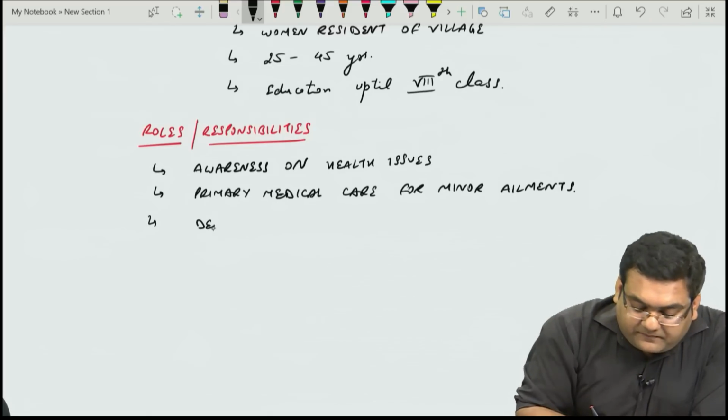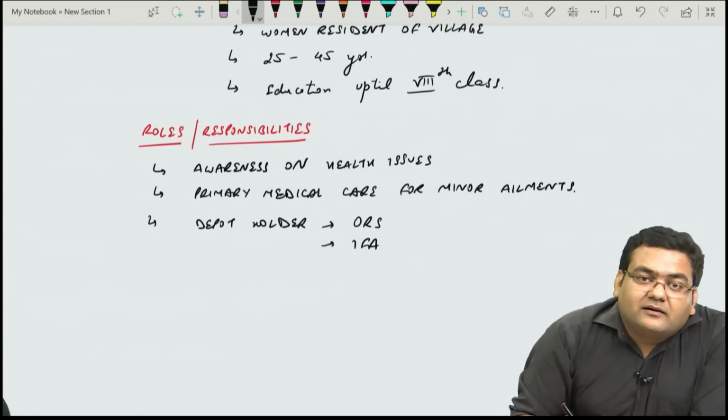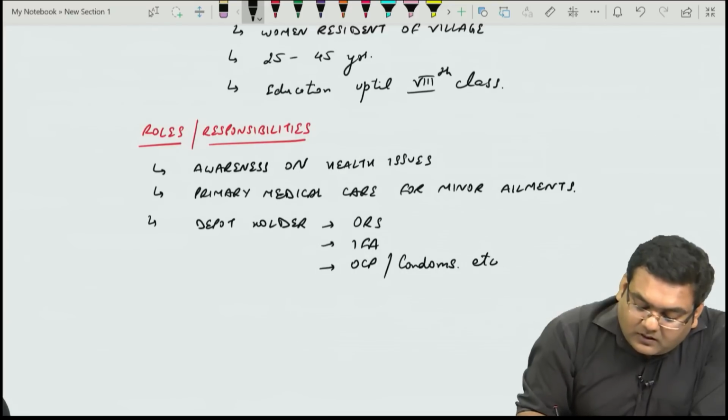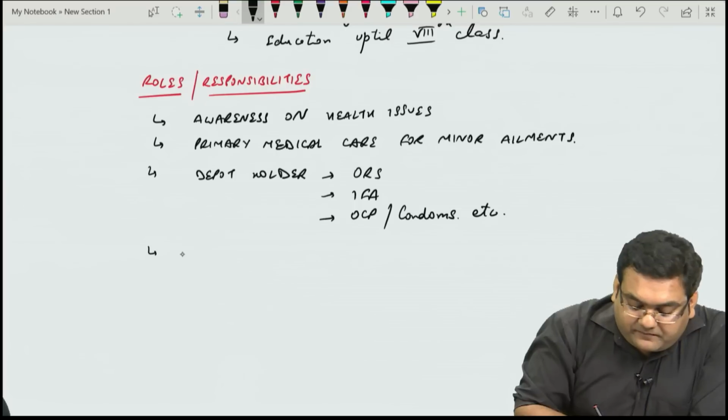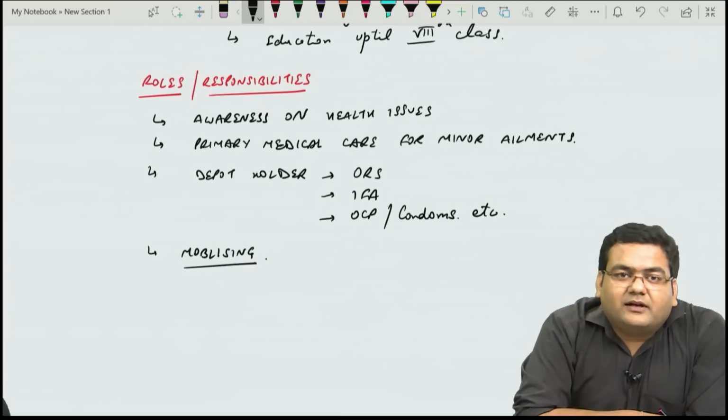Third is she acts as a depot holder for ORS, iron folic acid tablets, OCPs, condoms, etc. Helps in mobilizing the public for various important aspects like immunization, conduction of village health and nutrition days, etc.